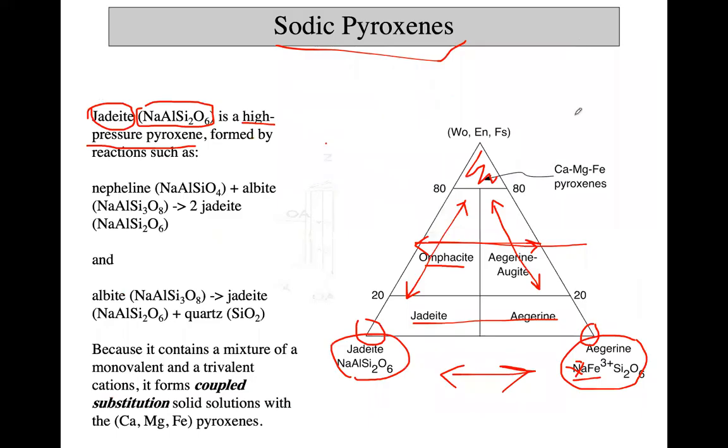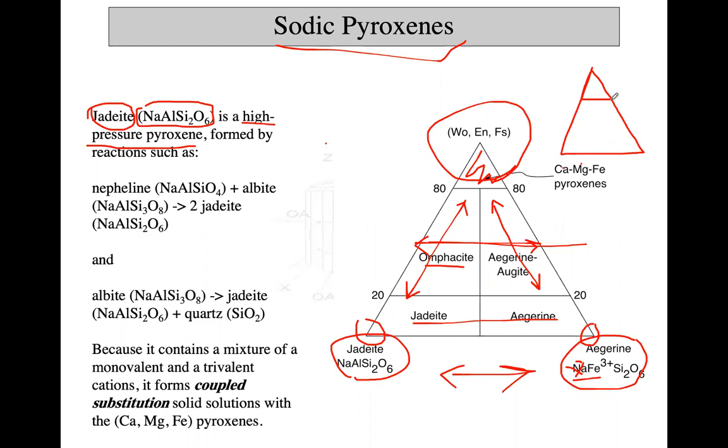So that is here, the magnesium, iron, calcium triangle. So all the pyroxenes that we call calcic pyroxenes are here. And beneath that, you have the sodic pyroxene. So that means you have the calcic pyroxene triangle here, and below that, you have the sodic pyroxene triangle.